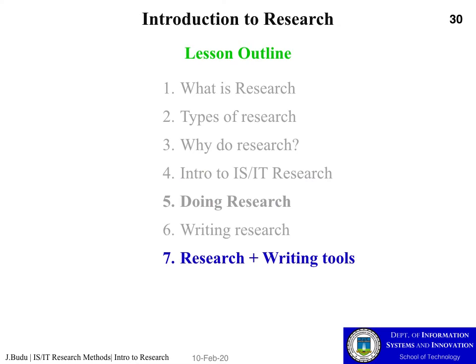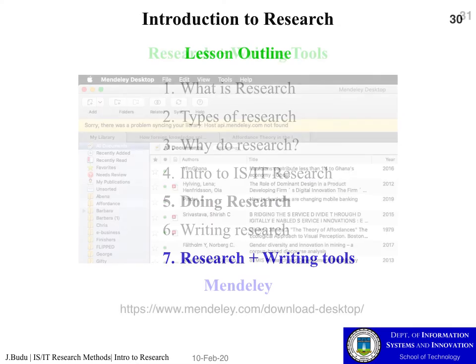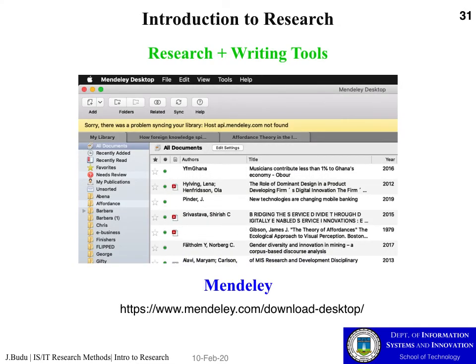So let's look at some of the tools we can use for our research. The first tool I want to talk about is Mendeley. Mendeley is for doing referencing. So when I showed the slide on induction, you saw that I had cited some people, Kovacs and Spence, 2005. So that's a citation.